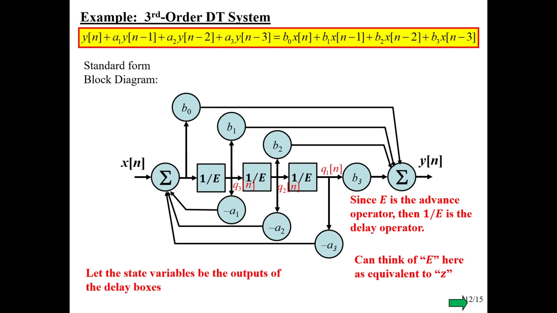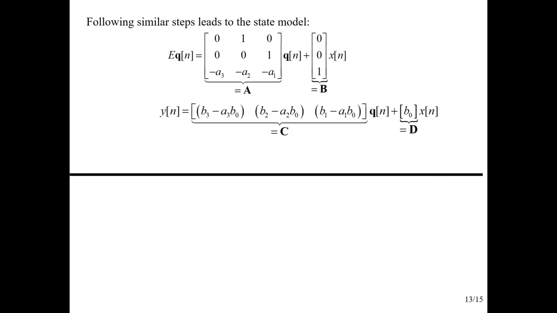And just like we did for continuous time, one could write the equations for the inputs to those delay boxes and then manipulate it into the form needed for the state model. So if one were to do that, you would get something that looks like this.